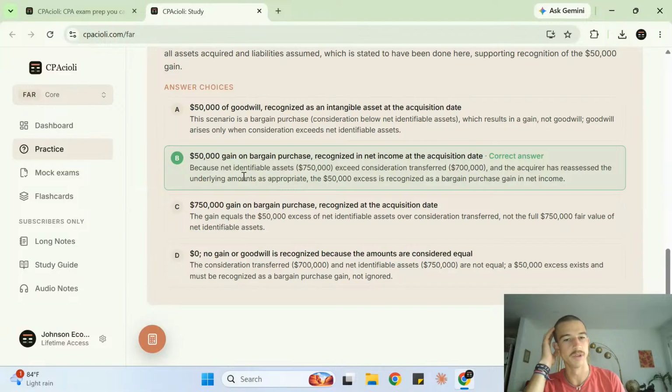I said fair value, but yeah, net identifiable assets exceed consideration transferred. The $50,000 excess is recognized as a bargain purchase gain in net income.